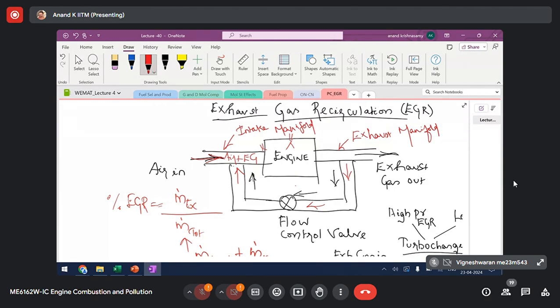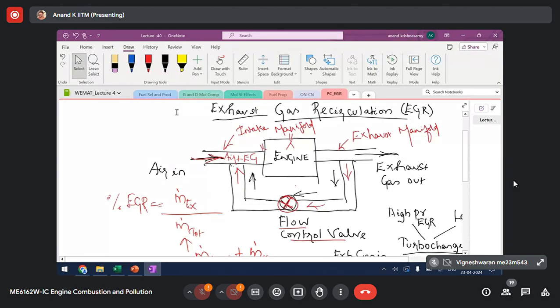And you have a flow control valve available here, and this is going to regulate the mixture proportion. That is, the quantity of exhaust gas going into the intake line is being regulated by having a flow control valve in the flow line. This is called the bypass line. So in the bypass line, you have a control valve to control the flow rate.